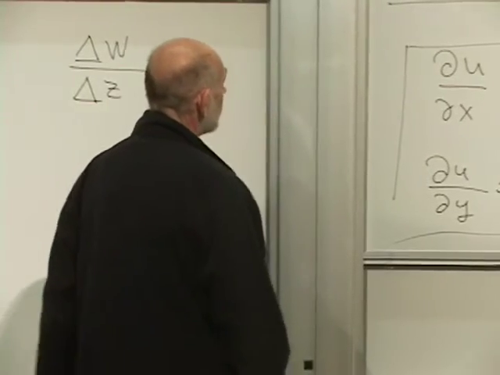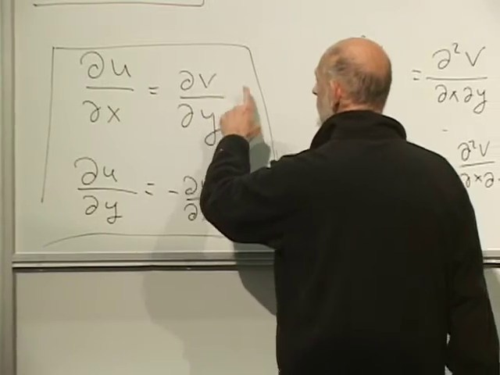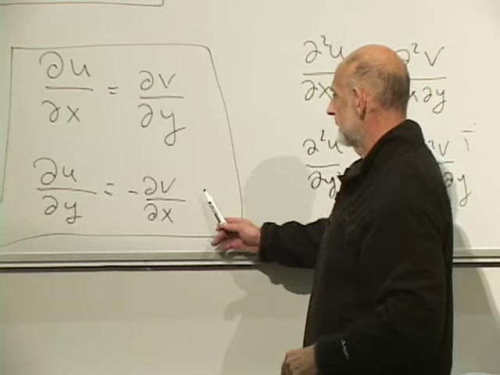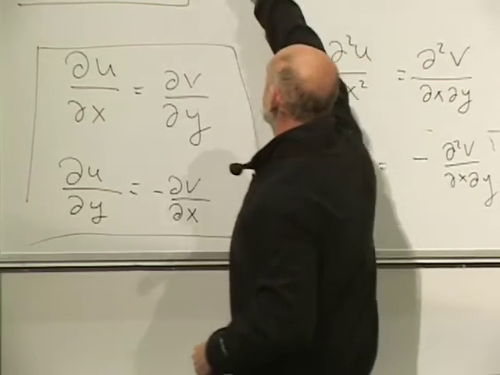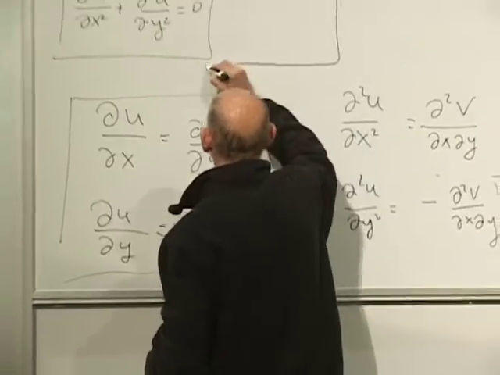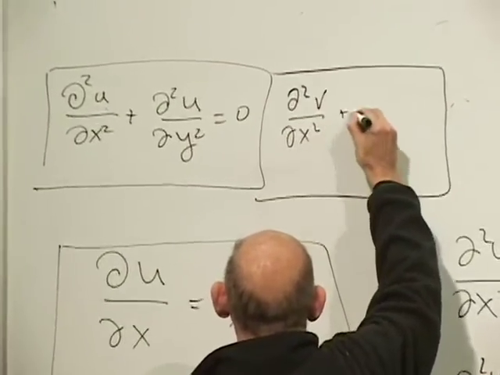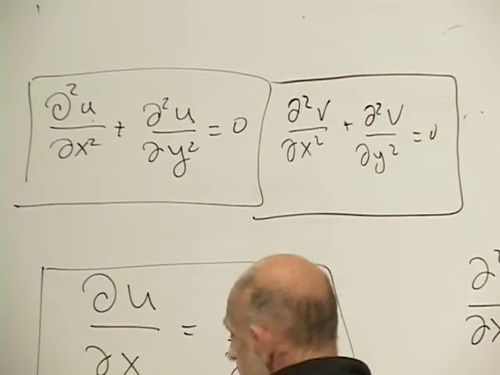Okay, so that's this equation, and if you do exactly the same thing, we differentiate this one now, instead of with respect to x, with respect to y, and differentiate this one with respect to x. What we get is exactly the same equation for v, d second v by dx squared plus d second v by dy squared equals 0.